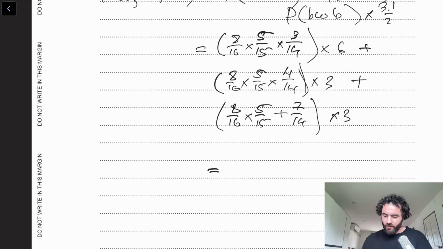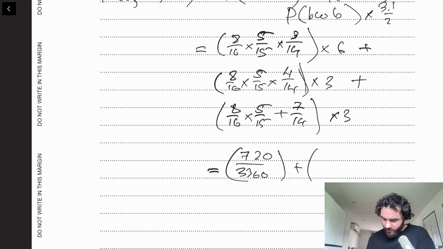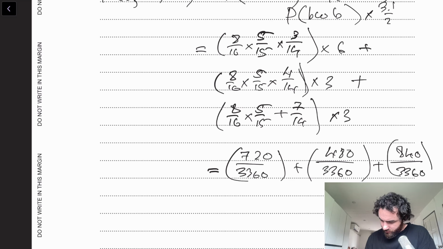Okay, so that's going to be what? 16 times 15 times 14. So this is going to be 8 times 5 times 3 times 6. This is 720 over 360, plus 8 times 5 times 4 times 3, 480 over 360, plus 8 times 5 times 7 times 3 is 840 over 360.